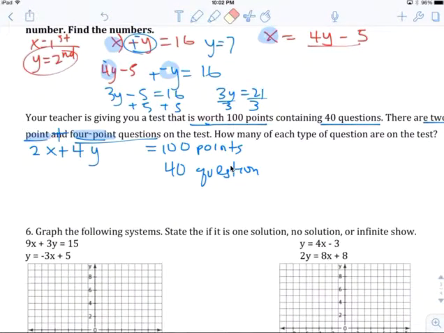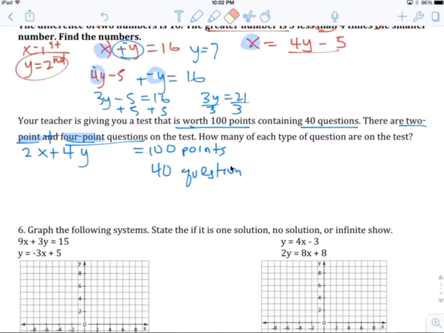Okay. And x represents, because we have x and y, the 2-point questions, and y represents the 4-point questions.